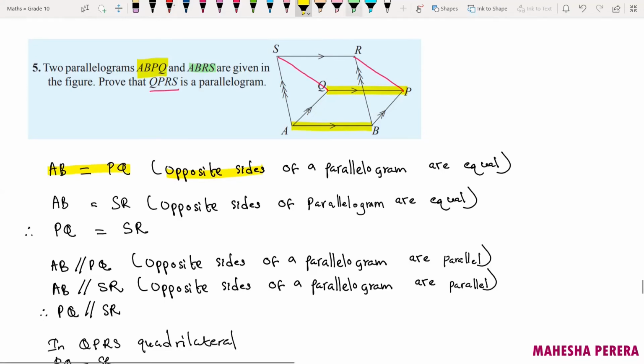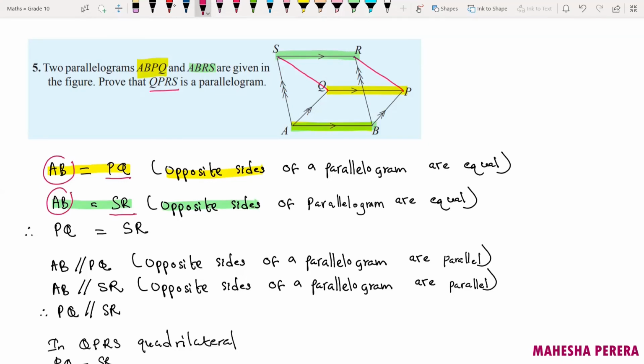And then if you consider the other parallelogram, you can tell that AB side is equal to SR side, right? So AB equals SR, again the same reason, opposite sides of a parallelogram are equal. Right, now you can see that AB is similar here. So that means definitely PQ should be equal to SR, right?